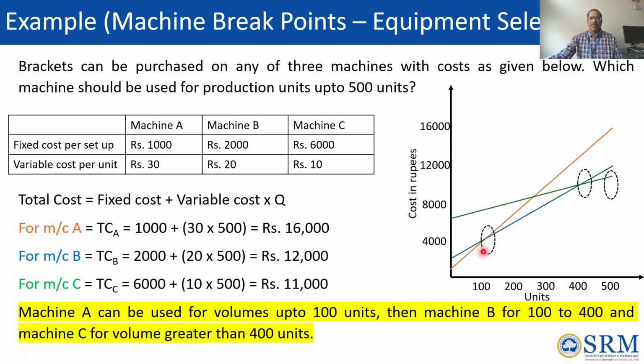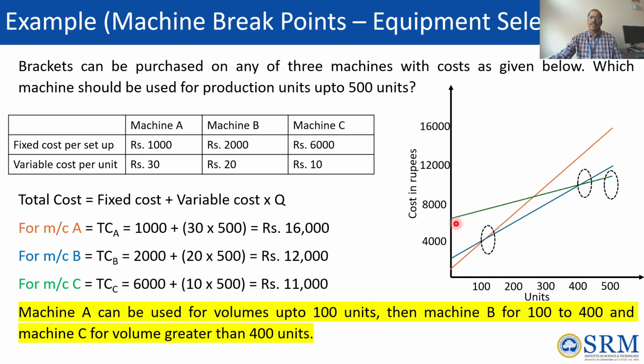Up to the break-even point, machine A can be used up to volume 100, but machine B can be used in the 100 to 400 range. If you want to make 100 to 400, it is better to go with machine B. If greater than 400 units, then we need to go with machine C.